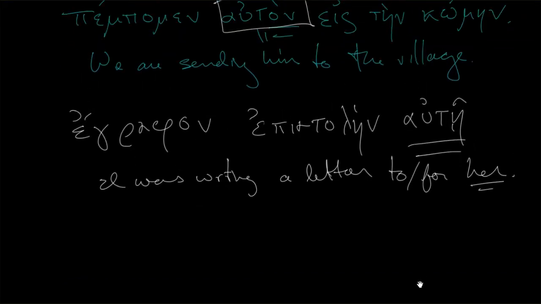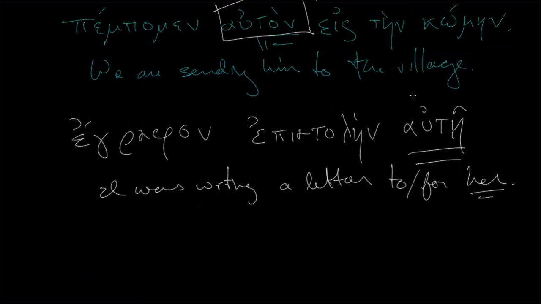So note that here we do have a feminine noun, but it's not agreeing with epistolane in case. So we know it has to be different. If we made this autain, and maybe added a tain here too, it would be I was writing the letter itself. But that's not what we have here. We have I was writing a letter to her.